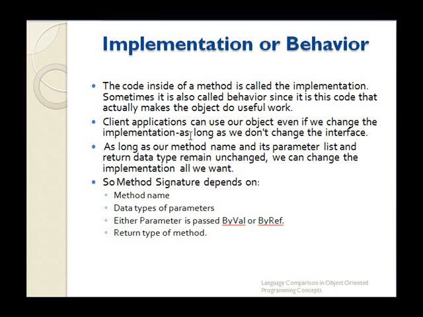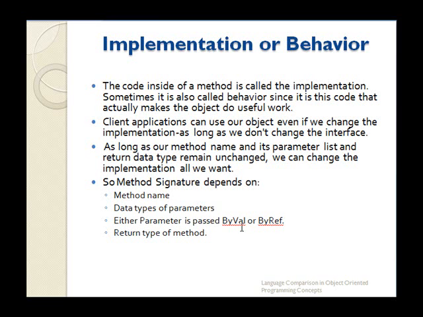Client applications can use our object even if we change the implementation, as long as we don't change the interface. As long as our method name, its parameter list and return data type remain unchanged, we can change the implementation as much as we want.